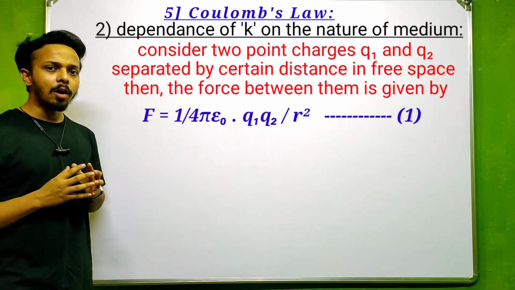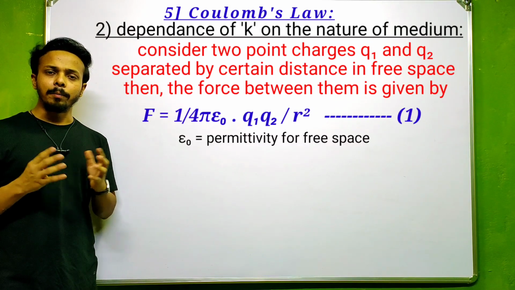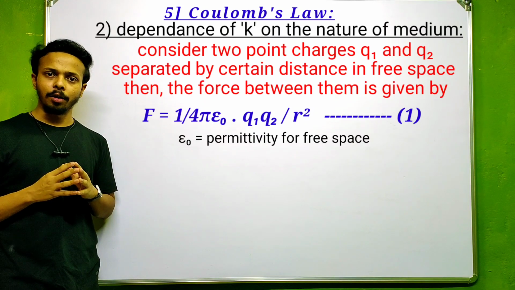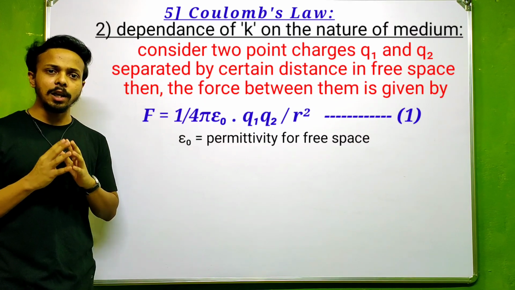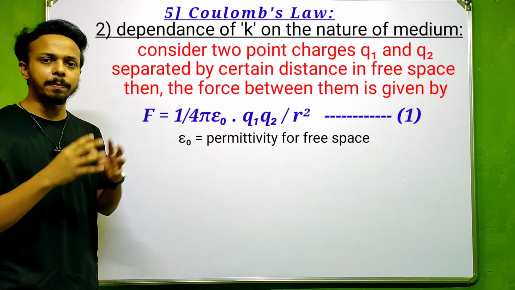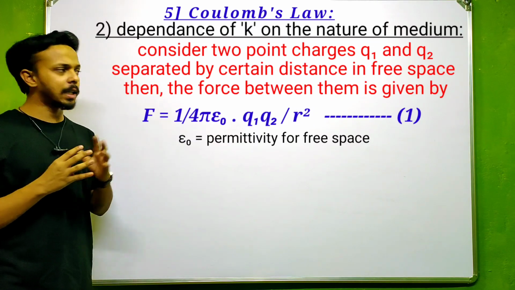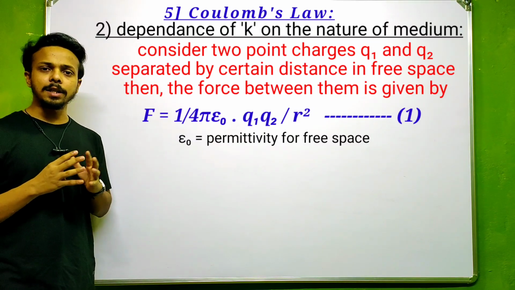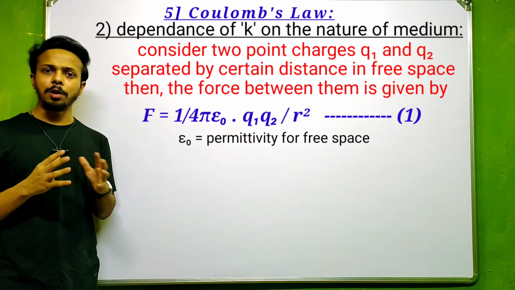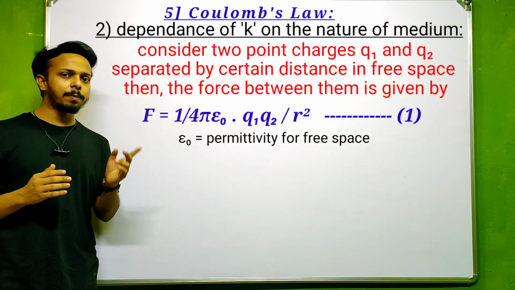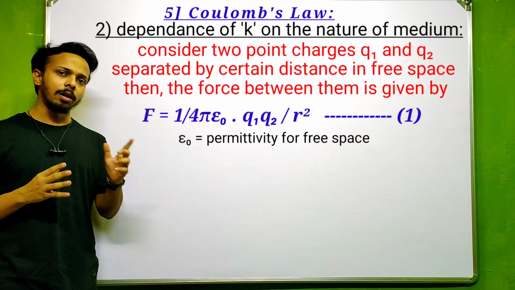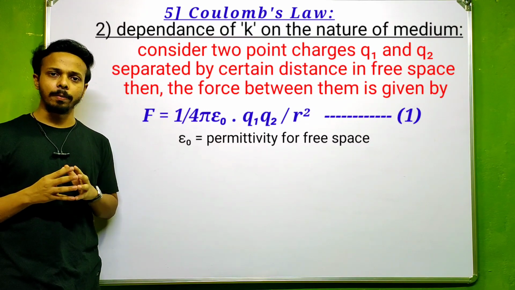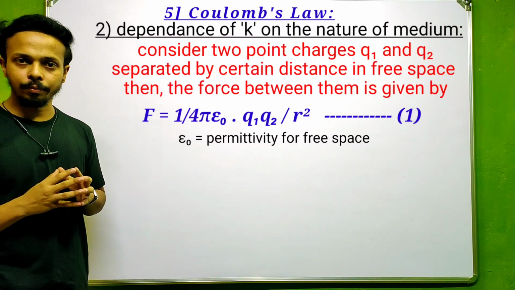Here epsilon naught, we know, is the permittivity of free space. So if the two point charges are present in air or free space, the force between them is given by this formula, where epsilon naught is the permittivity for free space, that is for air or vacuum. Now call this equation number 1.